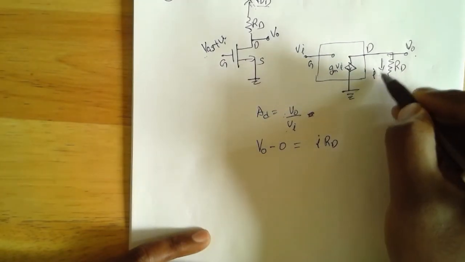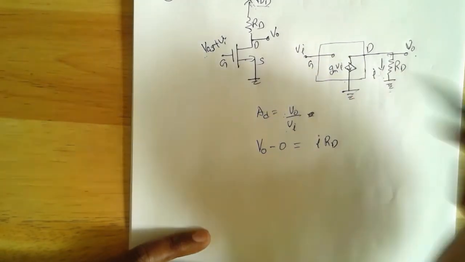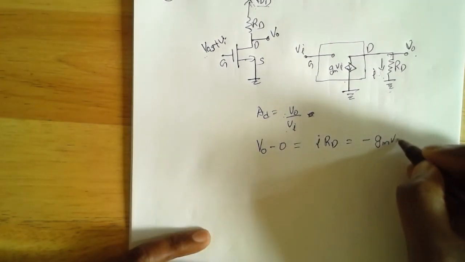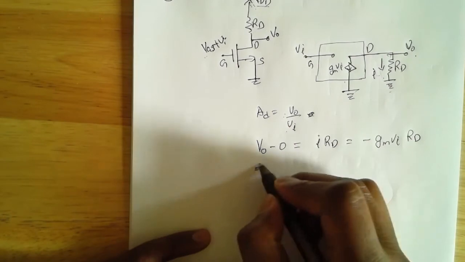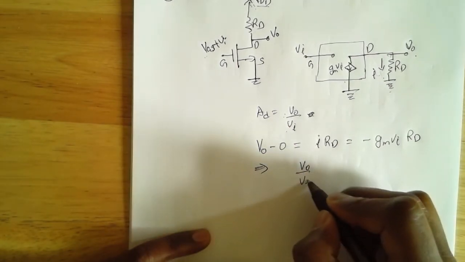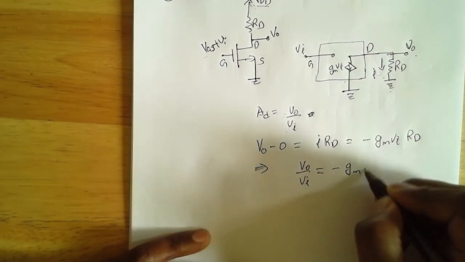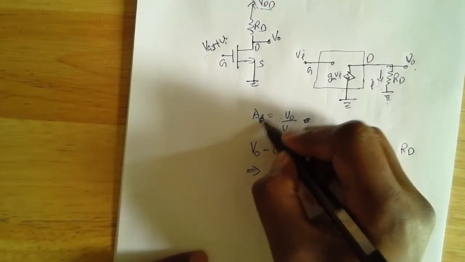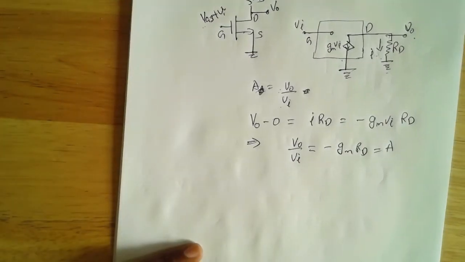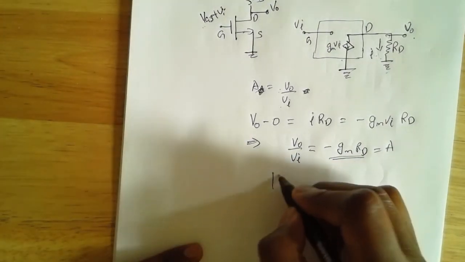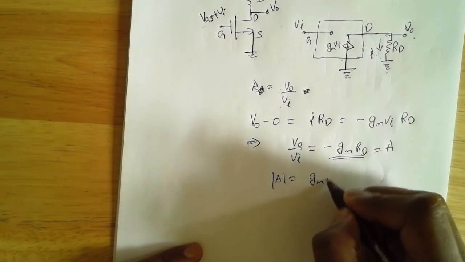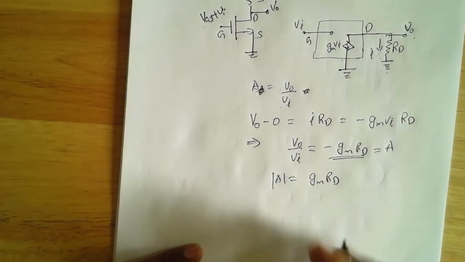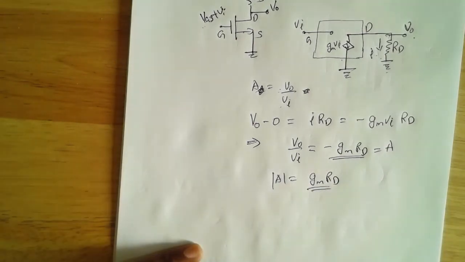But if you see the current in this direction is I, and then the current in here in this direction is GMVI, that means this will be equal to negative GMVI RD. So this implies VO over VI will be equal to negative GMRD, and this is our gain. Let me just call it A. Okay, so this is my gain A, negative GMRD. So the magnitude of gain is GM times RD. Okay, so that's our basic amplifier, and the gain is GMRD.